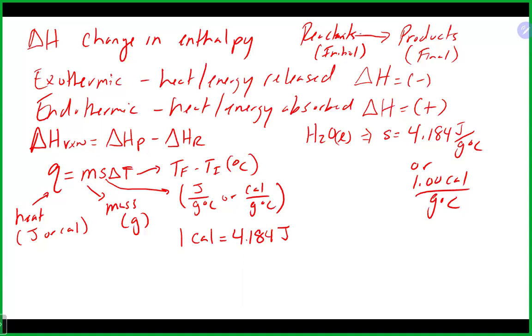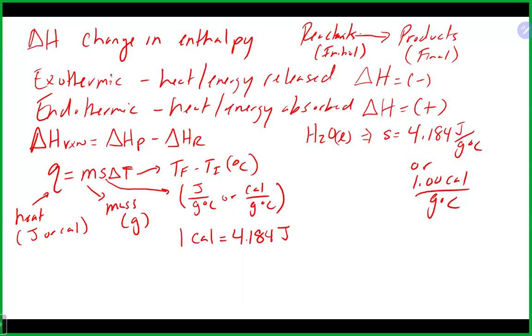Remember, though, that it is the change in temperature that's really going to determine whether or not this reaction is exothermic or endothermic, as that is the only place where you can get a negative. When something gains energy, we see its temperature go up. When it releases energy in an exothermic process, we see a drop in its temperature.